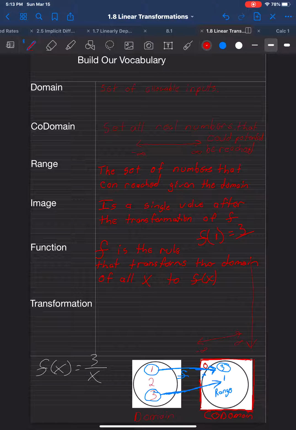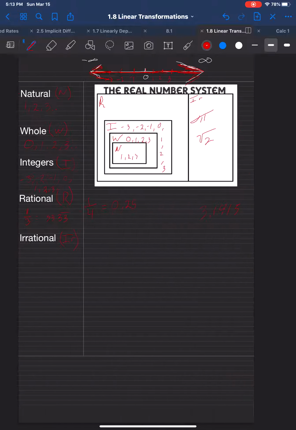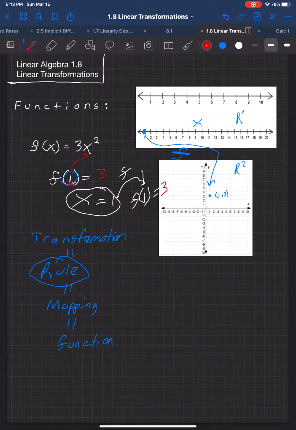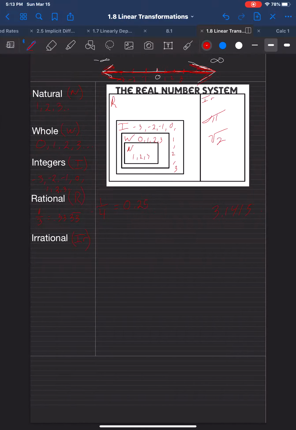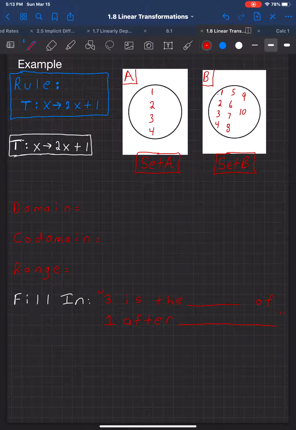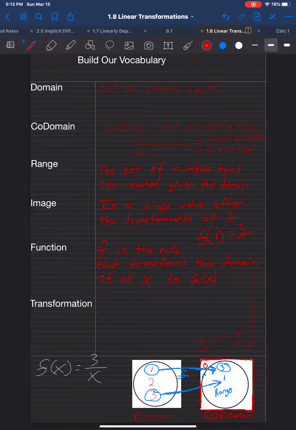Now, the notation in this case, remember I just showed you a second ago how you're mapping from R1 to R2 by some rule. So I'm going to show you the notation, the way you would notate that is f.